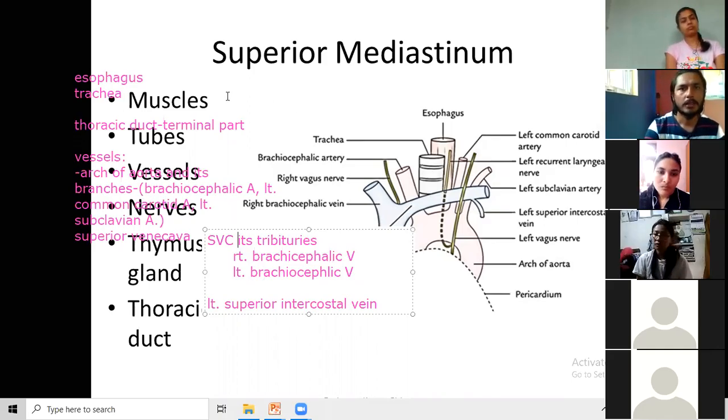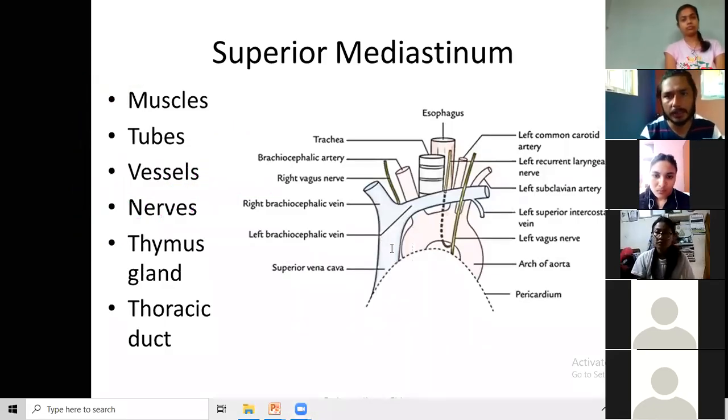See in the picture: this is the superior vena cava, these are the two tributaries, right and left brachiocephalic. This is the arch of aorta, and these are the three branches. The third vessel is the left superior intercostal vein.